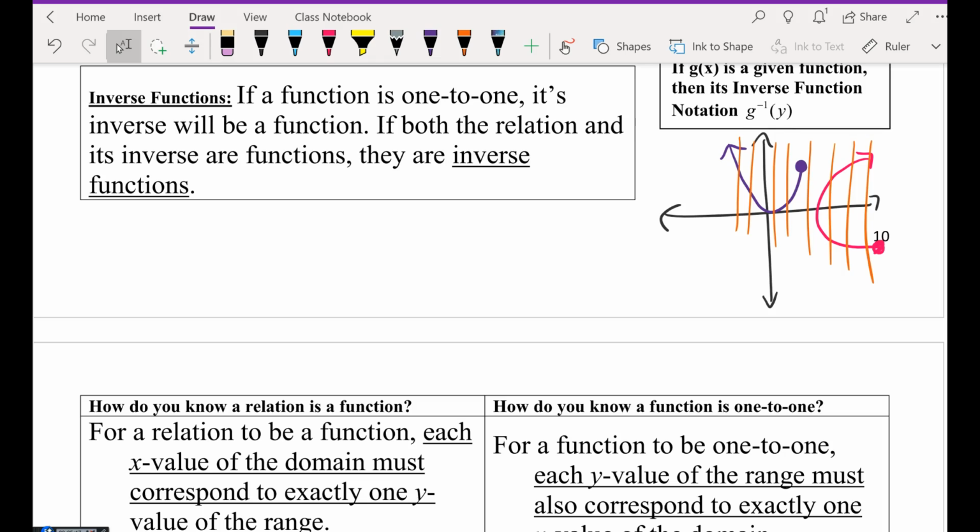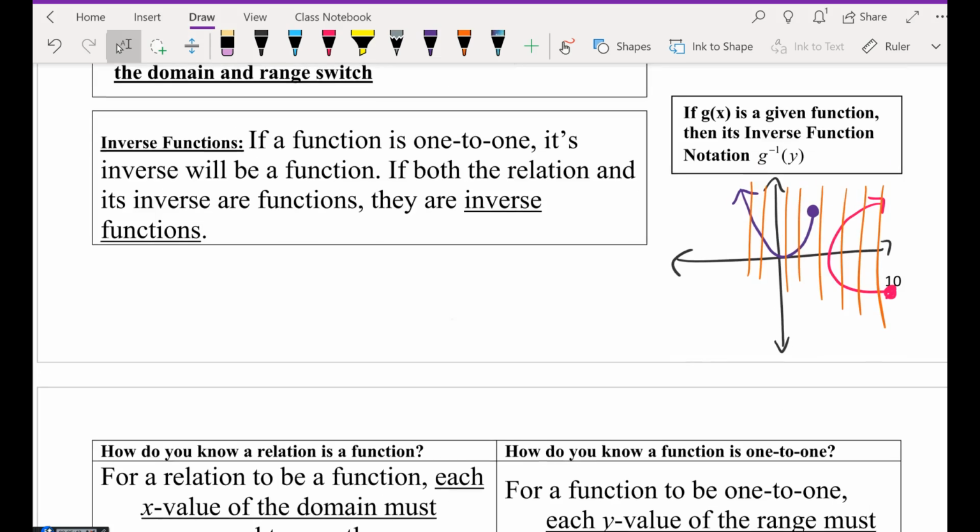So let's look at the red. Let's pretend this is -10. If I put in -10, how many outputs do we get? 2. So that's why this is not a function. Now look at the purple. Let's pick -5. If x is -5, how many y do you see? 1. So a function, remember, one input can only have at most one output.